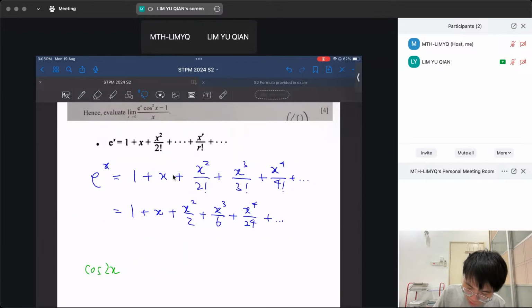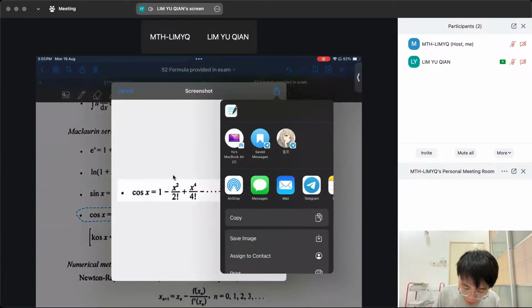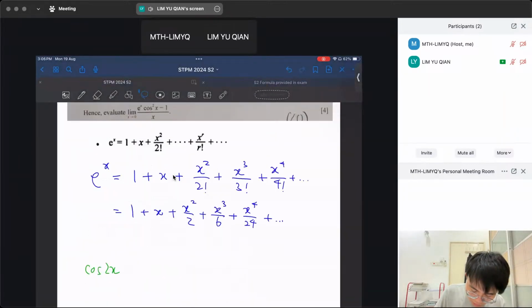Number 2, cos 2x, so use cos x. Up to x power 4 should be enough already.